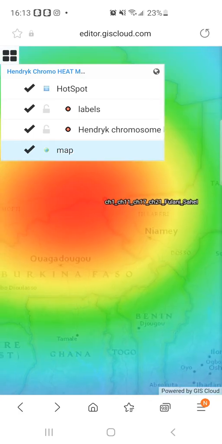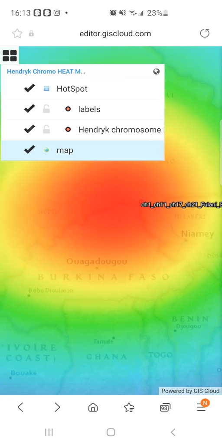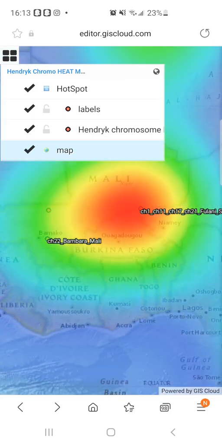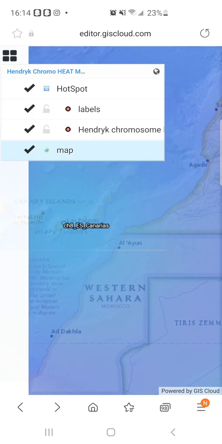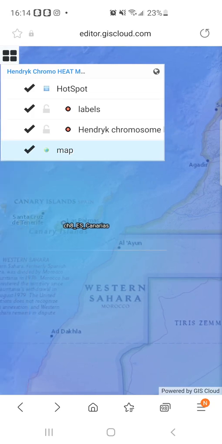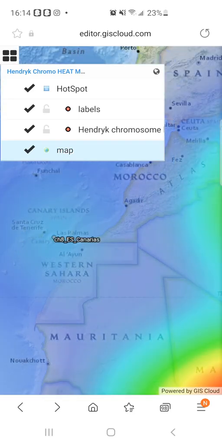Y'all see Fulani, which can also be connected to the Tuareg or to the Berber, Bambara, Mali. Now, this right here is what we call the Guanche, Canary Islands. It's the one that says Guanche. So this is connected also to the Berber, right? Okay.